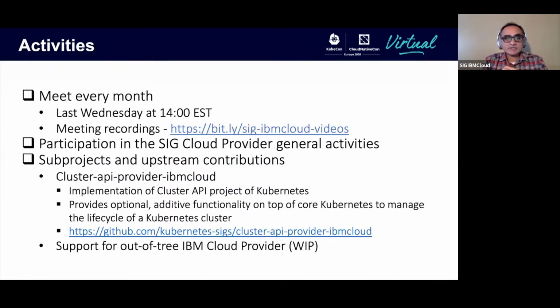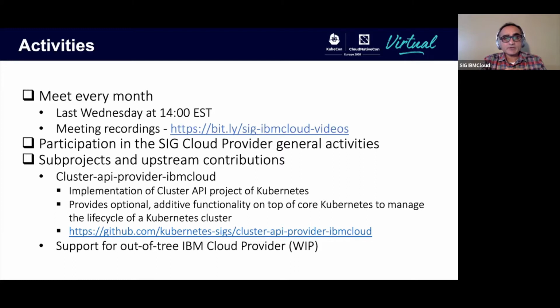As far as activities are concerned, the SIG meets every month, with Slack channels and emails on the mailing list. We don't see a need to meet every week, which we used to have in the past. But now the SIG meets every month, last Wednesday, 2 p.m. Eastern time.